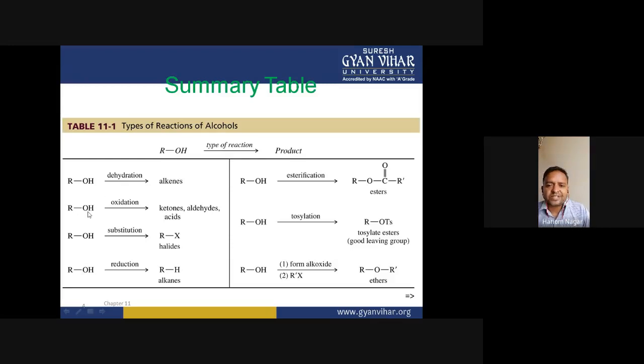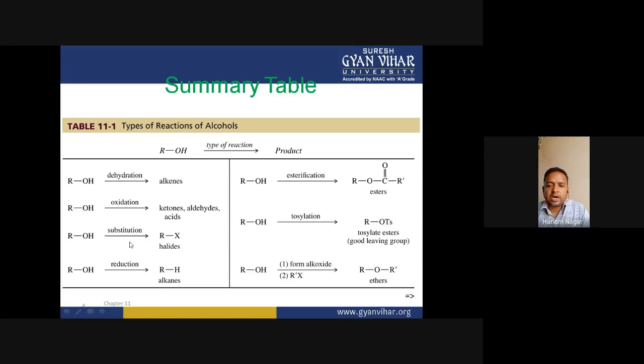The second reaction is alcohol by oxidation gives ketone, aldehyde, acids, etc. If you talk about the primary alcohol, then it oxidizes into aldehyde, but aldehyde further by oxidation gives carboxylic acid.